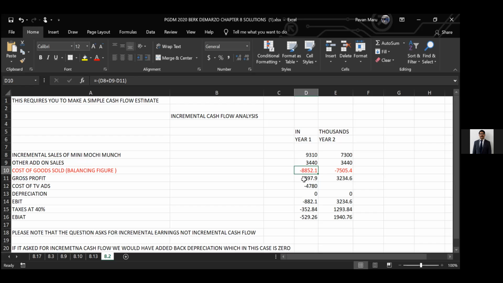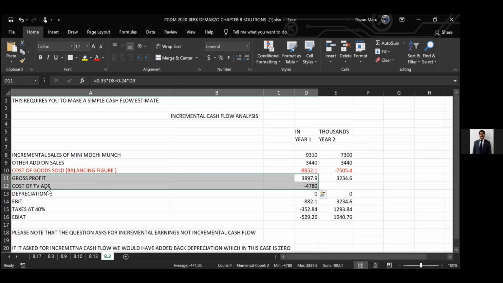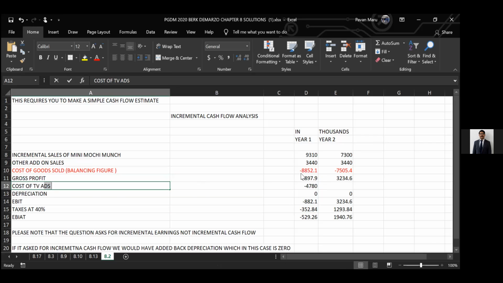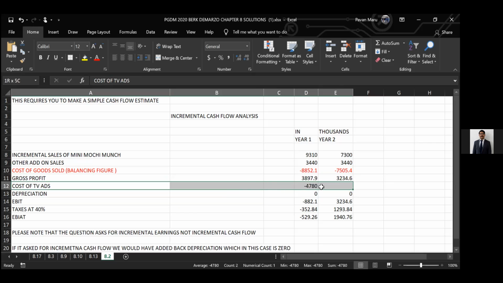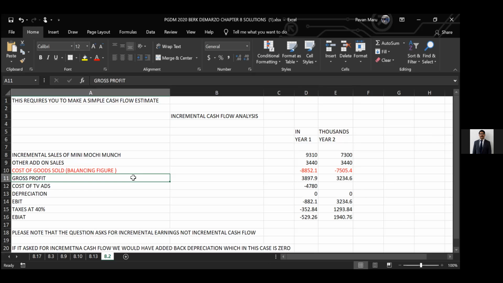So if this cost was not there, cost of TV ads, this would have been EBITDA. But we have a cost over here of TV ads. So I calculated this.